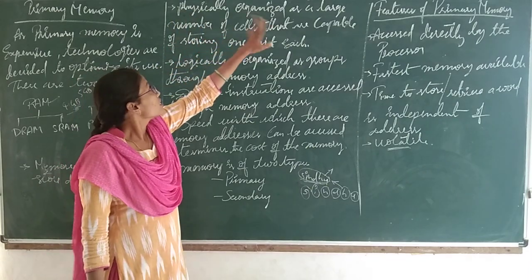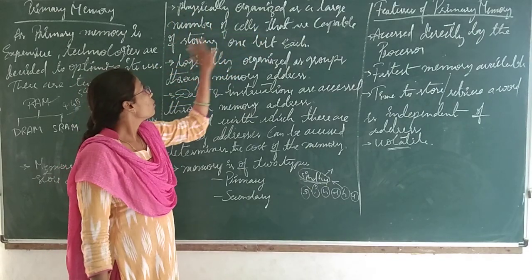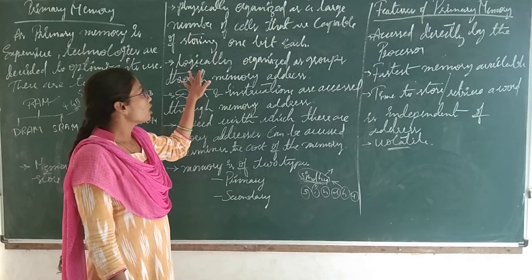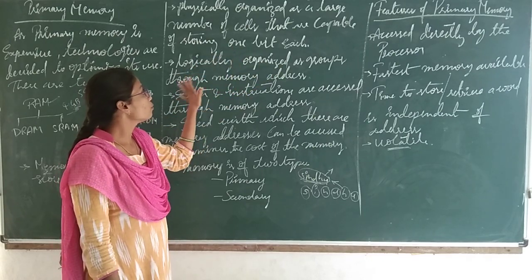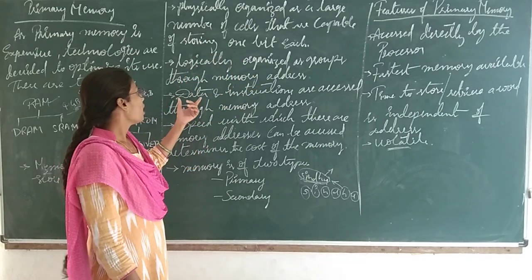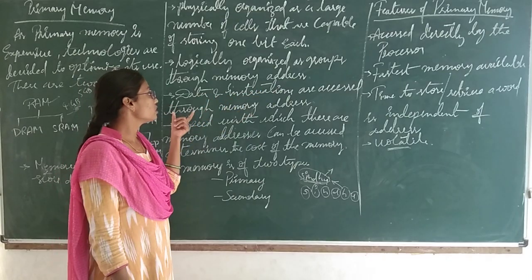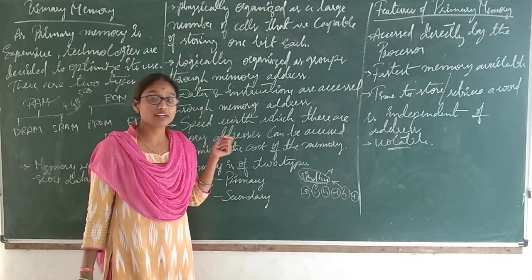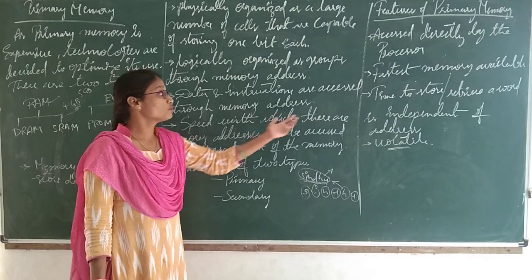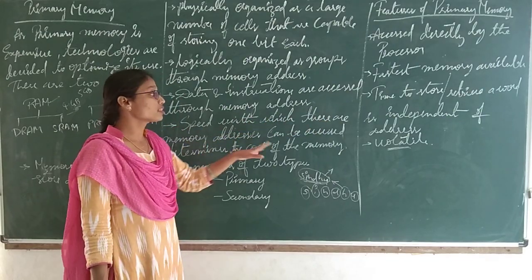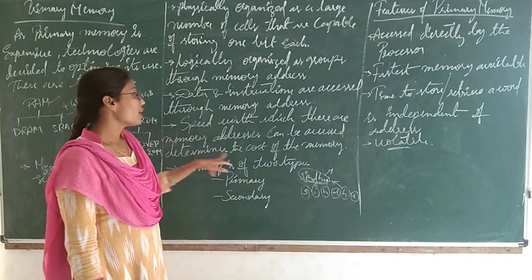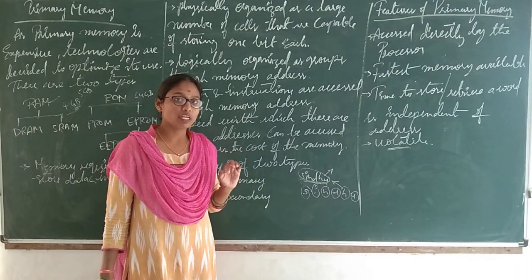Physically organized as a large number of cells capable of storing 1 bit each, and logically organized as groups through a memory address. The data and instructions are accessed through the memory address, and the speed with which memory addresses can be accessed determines the cost of the memory.